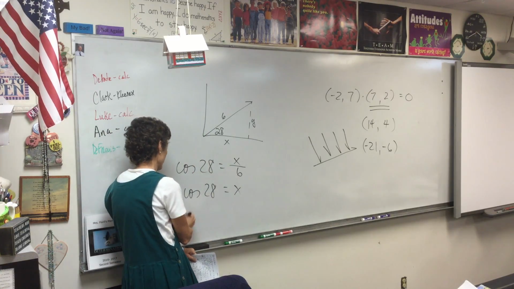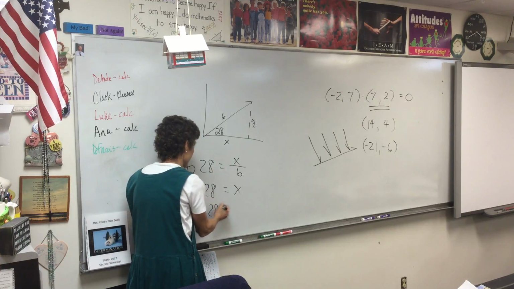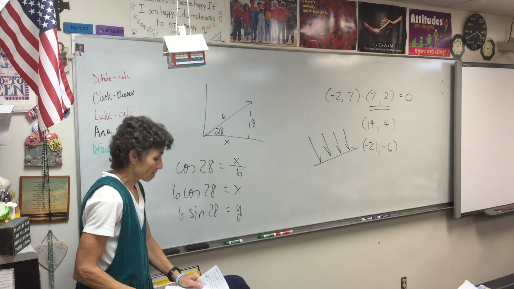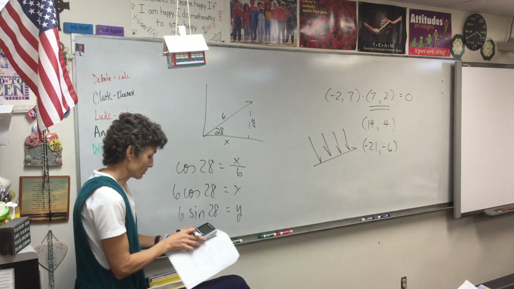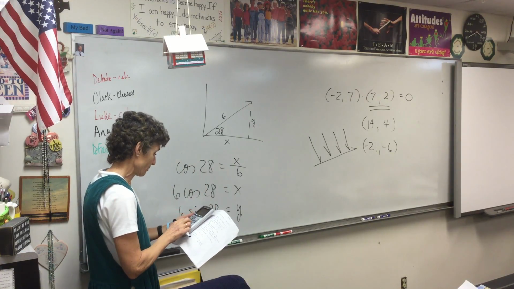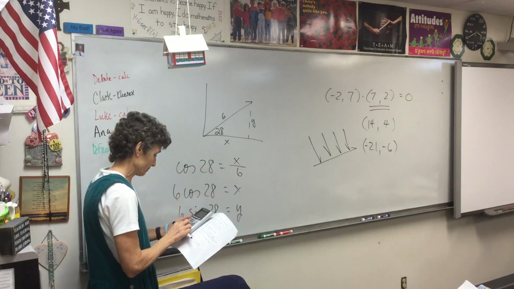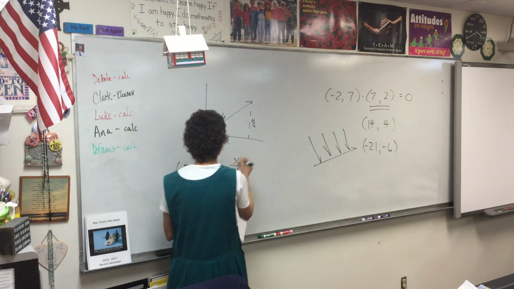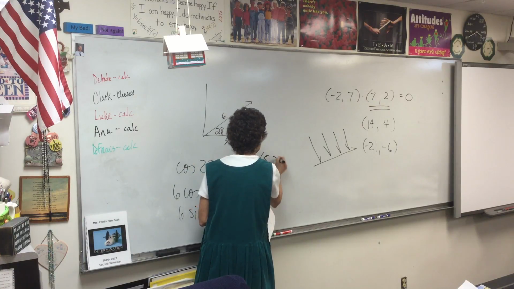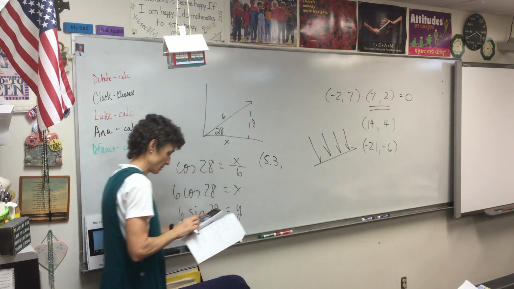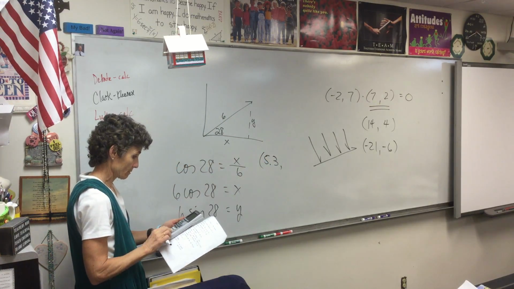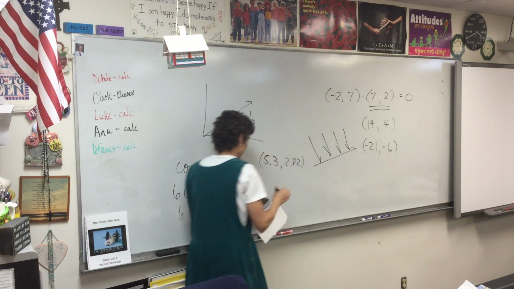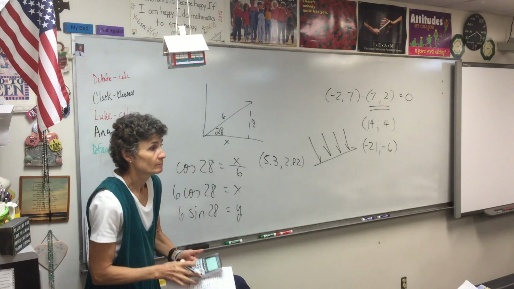And then similarly, 6 sine 28 will equal y. And we'll just type those into our trusty calculator. And I got 5.3 for x. And 2.82 for y. Is that okay with everybody?